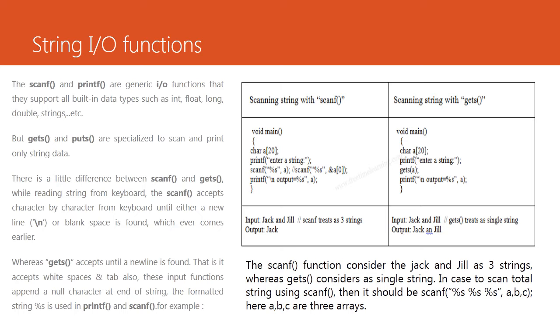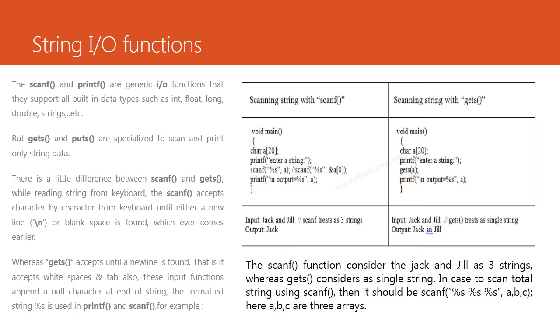Then printf the output. Here I input a string, that is Jack and Jill. Actually, Jack is a single word, and is a single word, and Jill is another single word. So totally three words are there. But we declared only one %s in the scanf statement. That is, one conversion character is there, which means only one single string will be read.